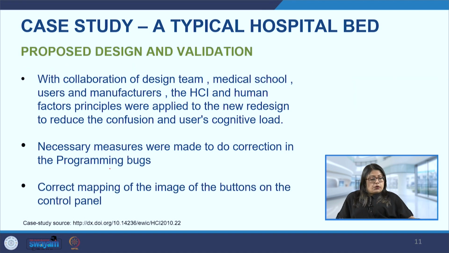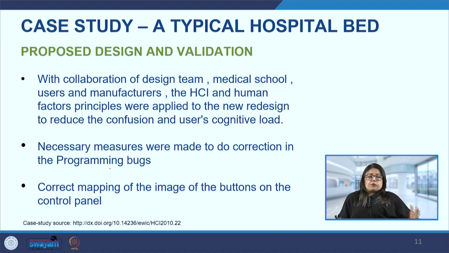Now the proposed design and validation was the next step after identification of these pain points. Some steps needed to be taken to ensure that this confusion and these errors were not taking place. For this reason, there was a collaboration of the design team, the medical school, the users and manufacturers, also the human factors experts, because these principles had to be applied, and also the human computer interaction experts, because these principles also needed to be explored and applied.